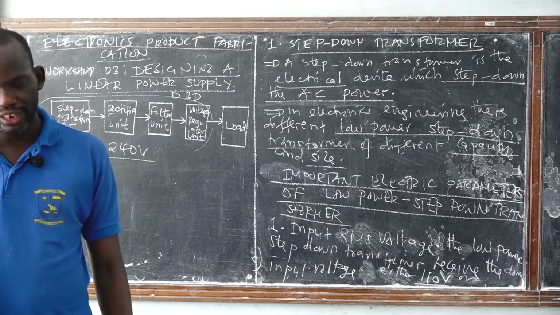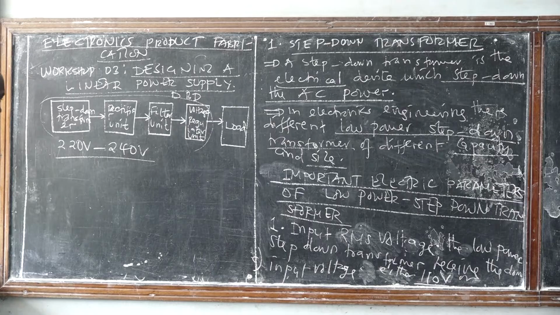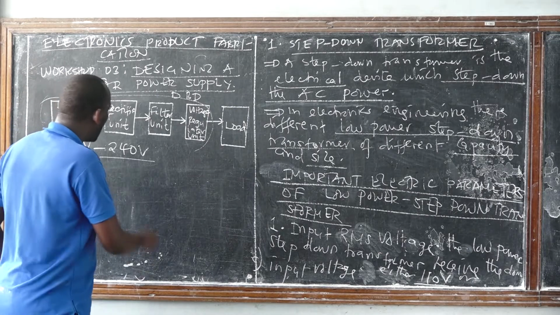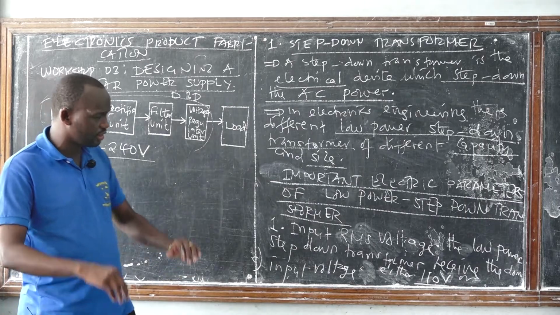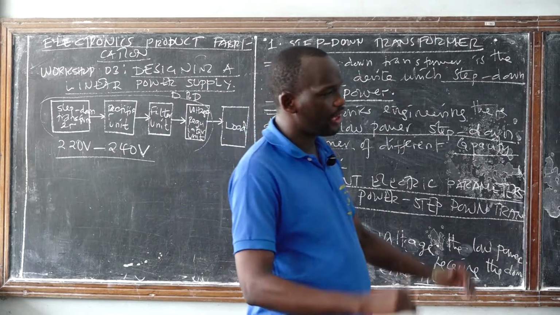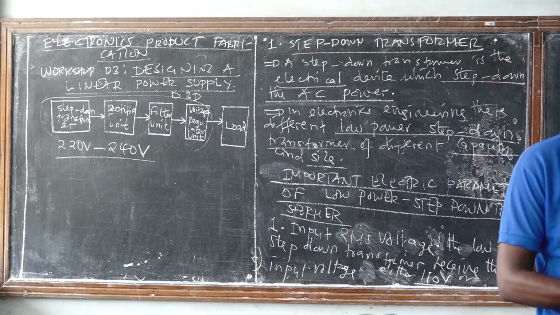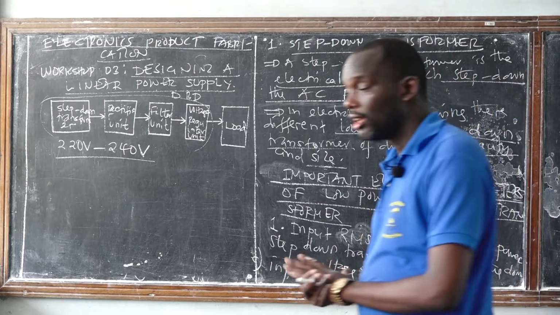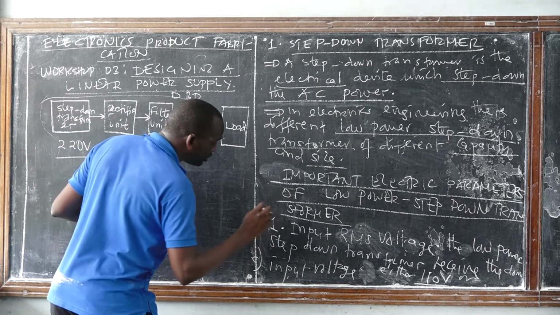That's the domestic power there. In European countries, especially in England, and including all the countries of Africa, we are using 220 volts to 240 volts. So we call this the input because we began with the input.